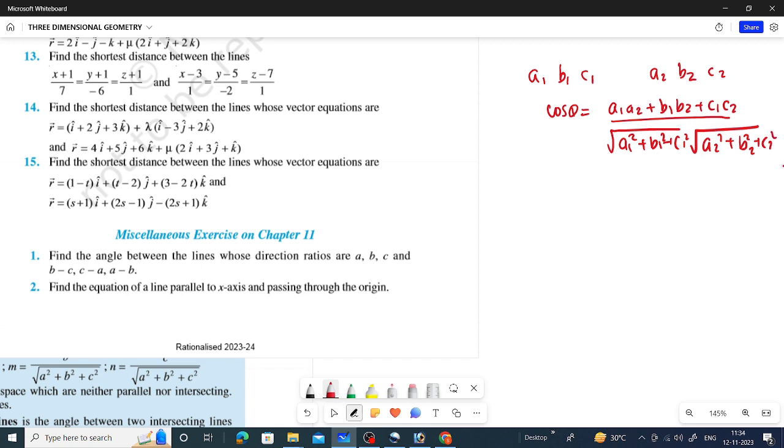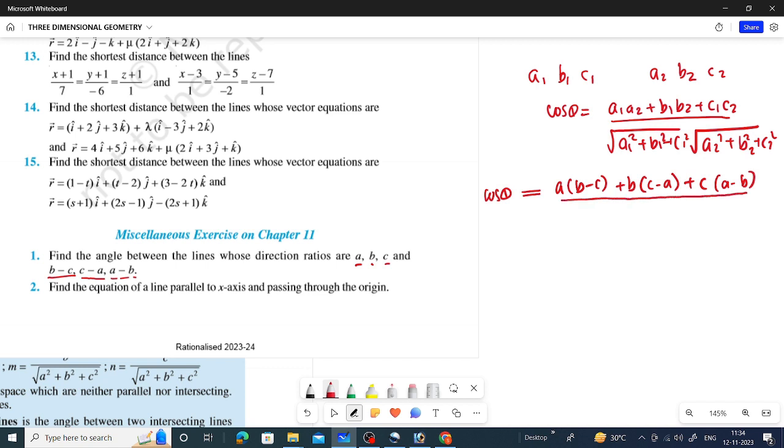Here a1 is a, b1 is b, c1 is c, a2 is b minus c, b2 is c minus a, c2 is a minus b. So cos theta is equal to a into b minus c plus b into c minus a plus c into a minus b.